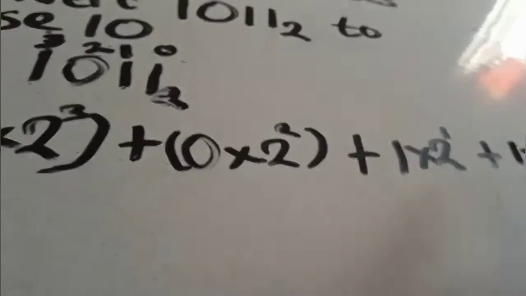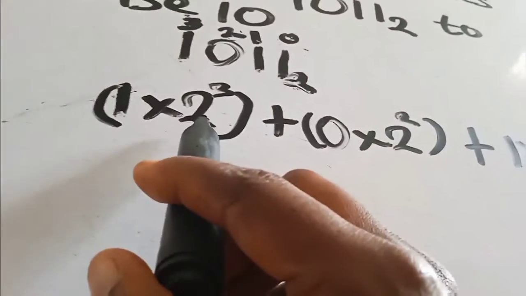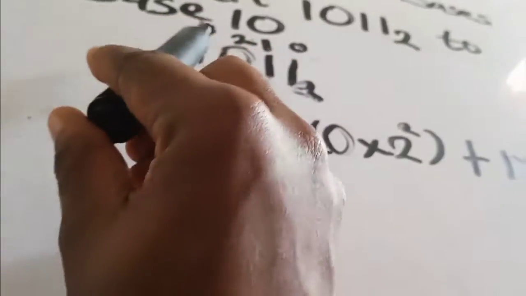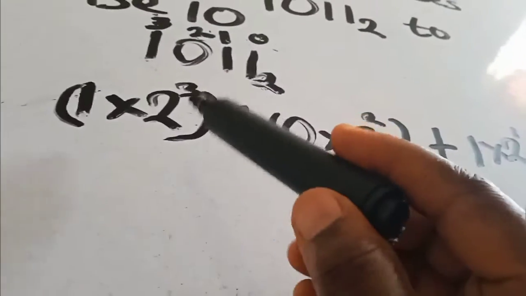So you can see I'm using each digit to multiply the base raised to the power that shows the place value of that digit.